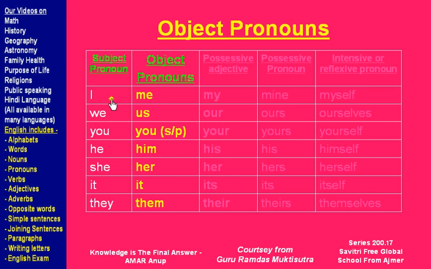So compare this object pronoun. For I is me, for we it is us, you remains the same, for he it is him, for she it is her, it remains the same, and for they it is them. And it will be clear how they are used once we see their use in a sentence.